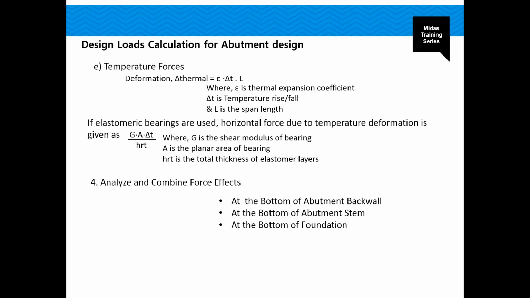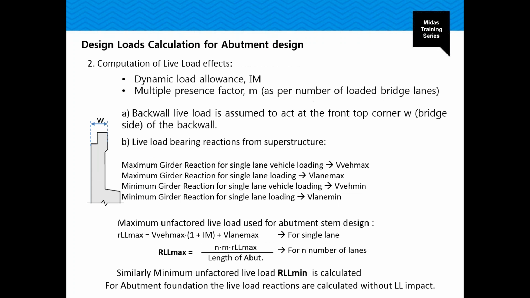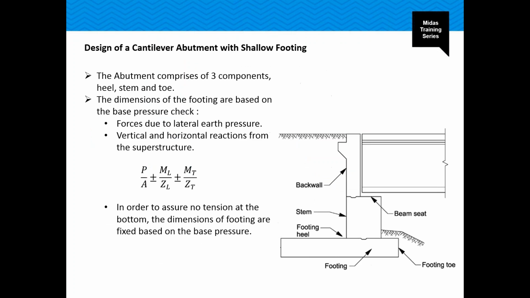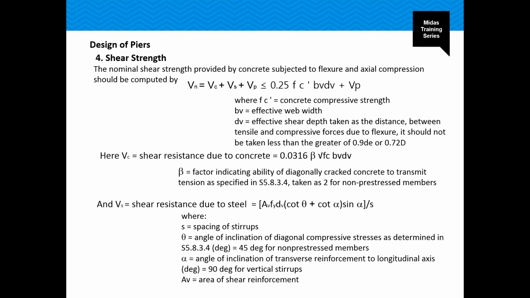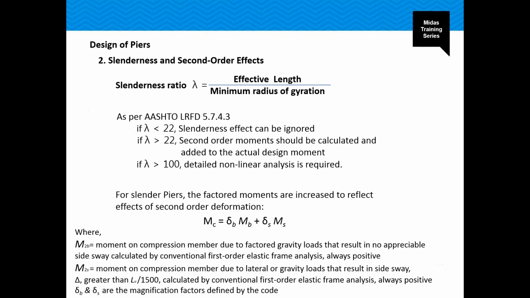So those designs can be compared, the values of various inputs. You can check like the slenderness ratio, the second order moments which is being taken. So all these formulas, the basics are over here. So you can just refer back to the presentation and you can understand the design basics.